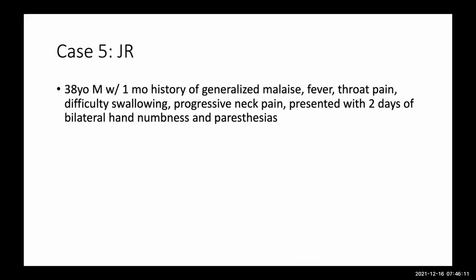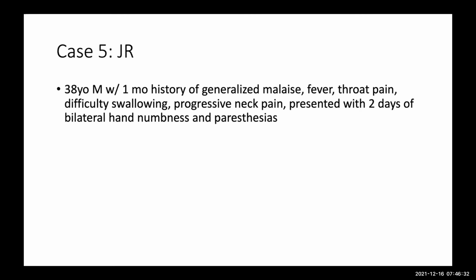No imaging was obtained, which would be standard because he wasn't having any deficits at that time. But his difficulty swallowing and anterior neck pain became more like axial neck pain. And then he developed neurologic issues, and that's why he came back to the ER a month later.